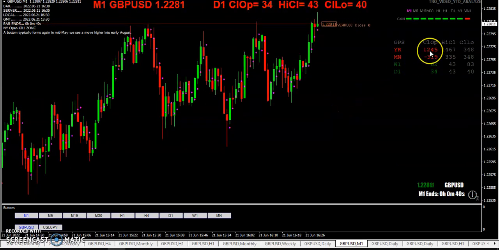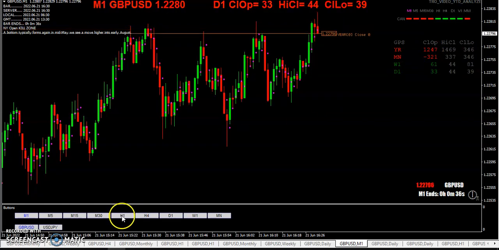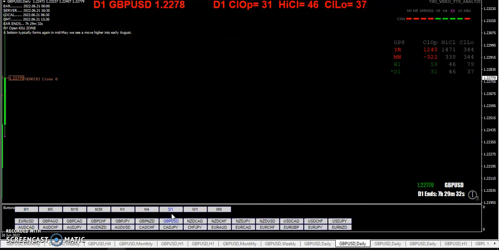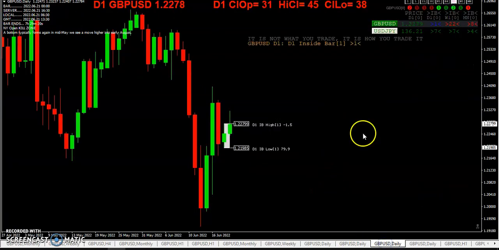For the year, we are, oh, I'm on M1. Why am I on M1? We are 1,248 pips below the yearly open. Inside bar yesterday, you see we had a nice breakout off of that high.